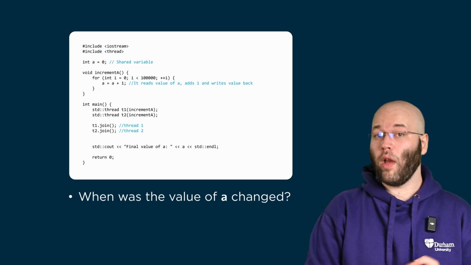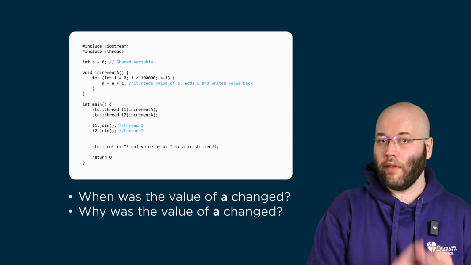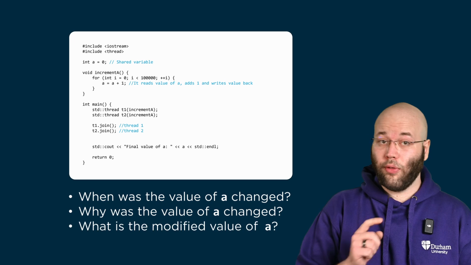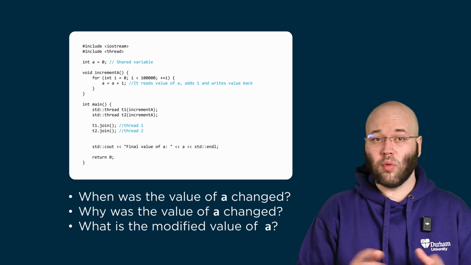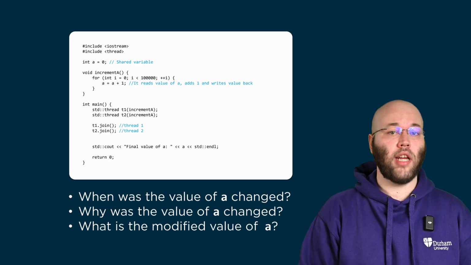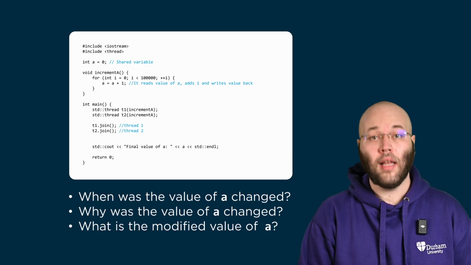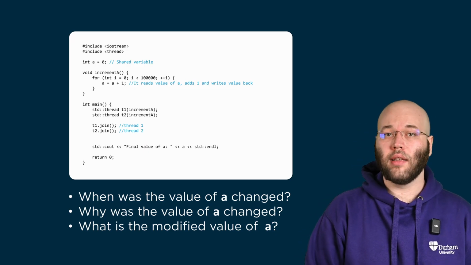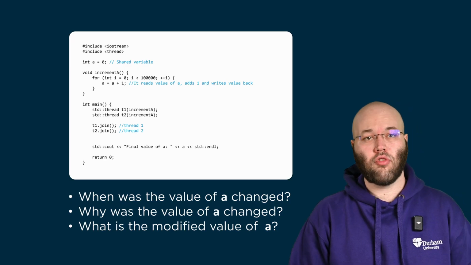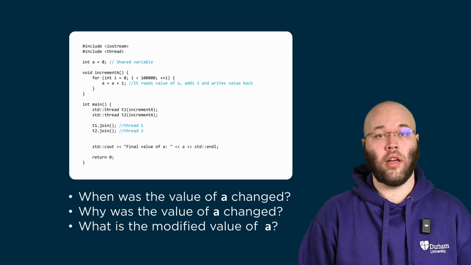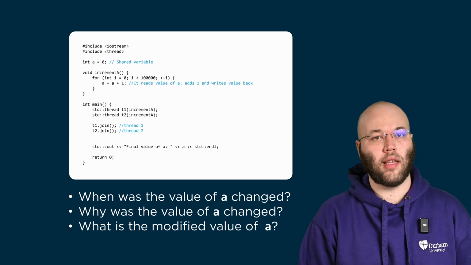We do not know when the value of a was changed, 2. We do not know why the value of a was changed, and 3. We do not know what the modified value of a is. So in other words, the value of a has been changed without us or the thread knowing anything about it. Yet we proceed under the assumption that it holds the value that we have assigned it. For this reason, race conditions are generally non-deterministic and not reproducible, making them difficult to track down and debug.